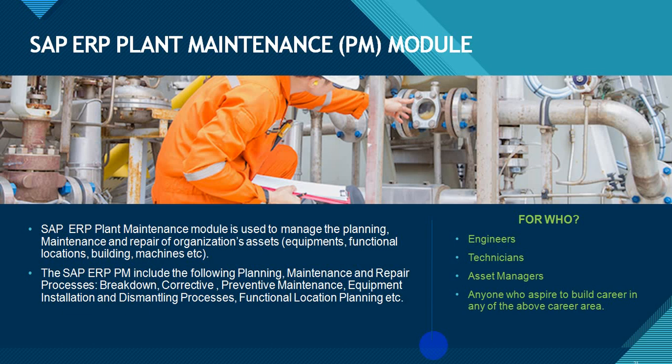The SAP ERP PM includes the following planning, maintenance, and repair processes: breakdown, corrective, preventive maintenance, equipment installation and dismantling processes, functional location planning, and so many more. It's for engineers, technicians, asset managers, and anyone who aspires to build a career in any of the above career area.